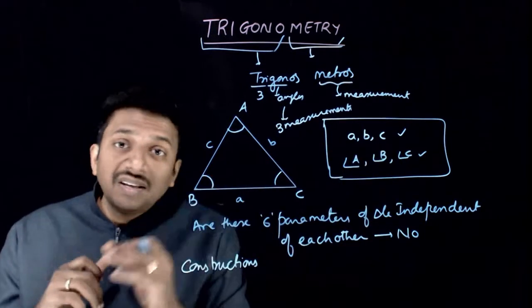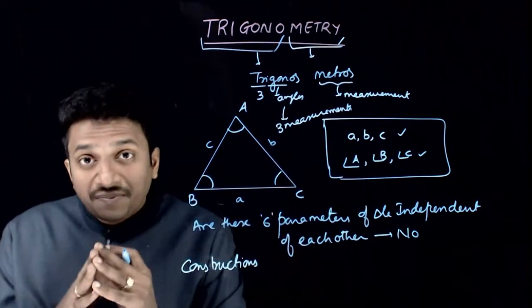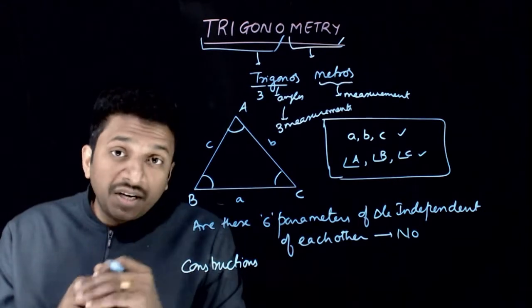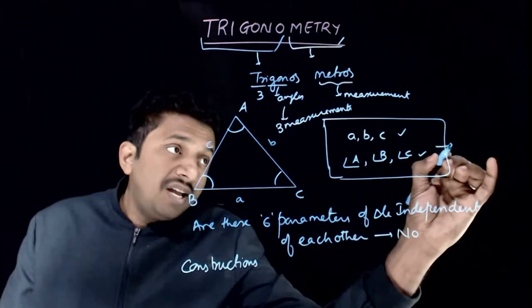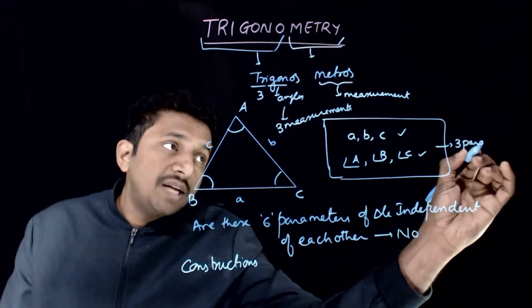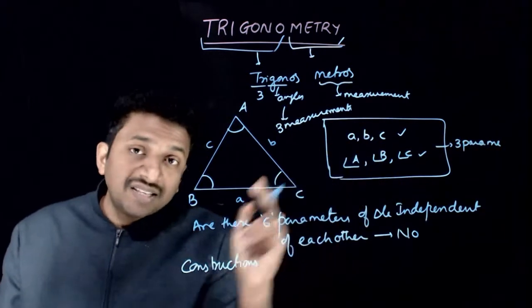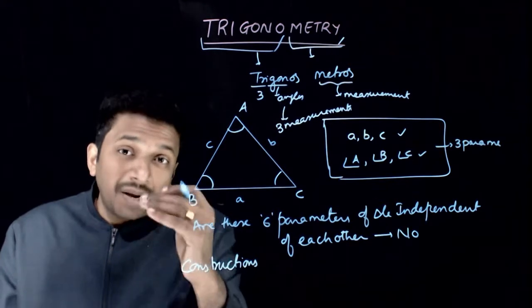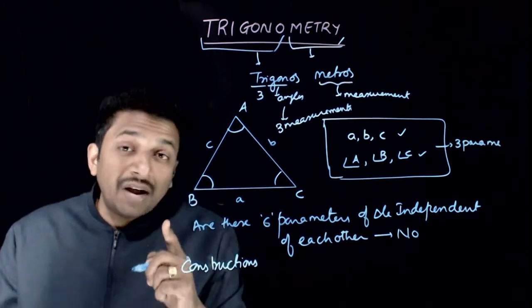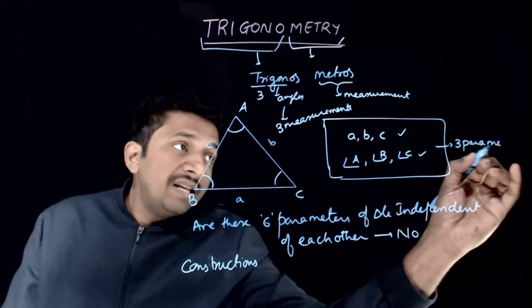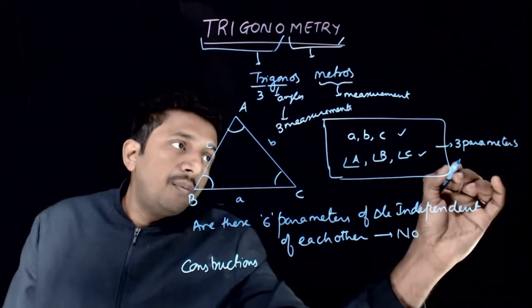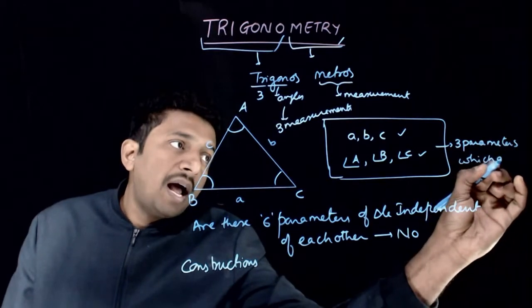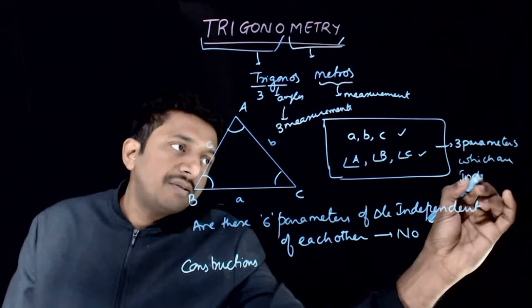So out of these six parameters, not all are independent. Only three parameters are independent. That means out of these six, if I give you any three parameters, I can get the other parameters. But the three parameters have to be independent of each other.